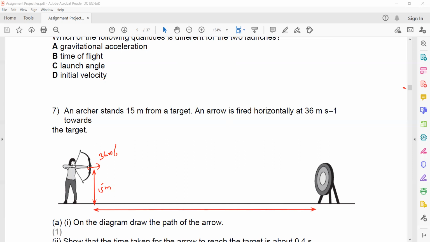This is 1.5 meters, not 15. That's 1.5, and the horizontal distance is 15 meters. Okay, and it was taking 0.42 seconds to reach the target.